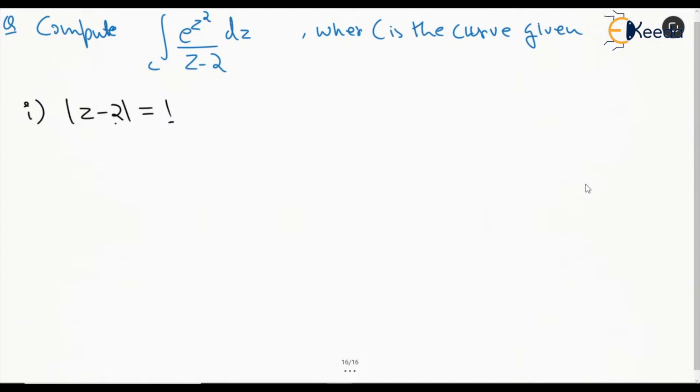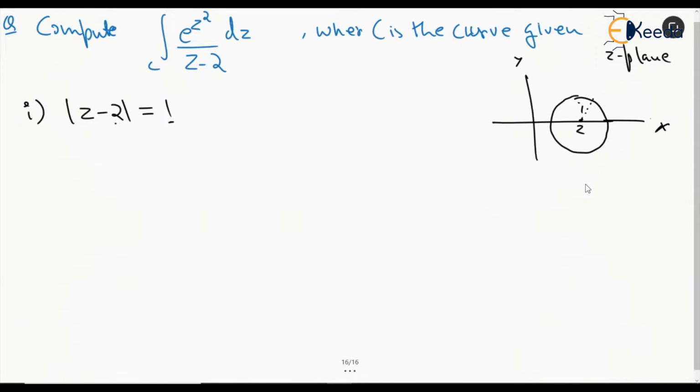So let's see where this lies. Centered at 2, this is going to be a circle like this. Right? This is 2. X, Y, Z plane. And this radius is 1.